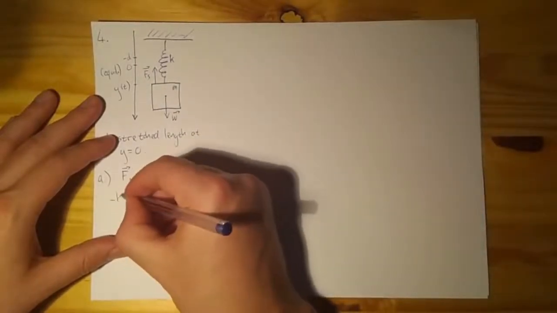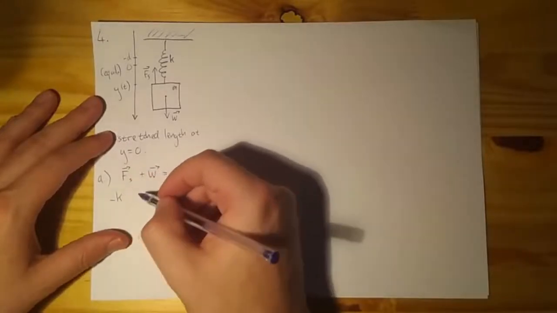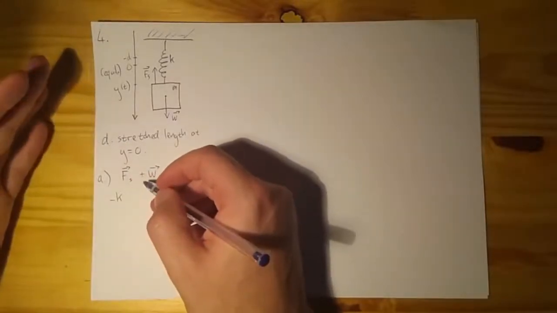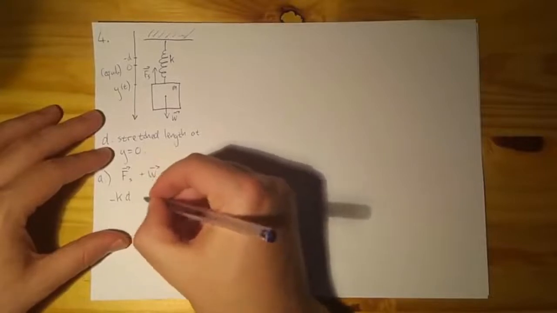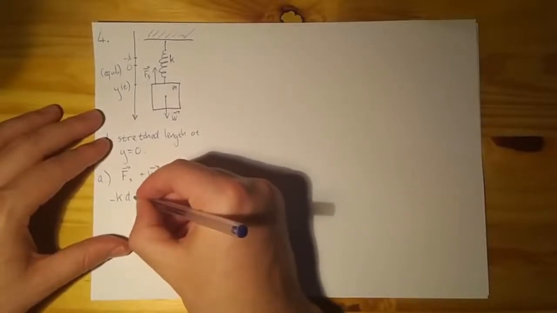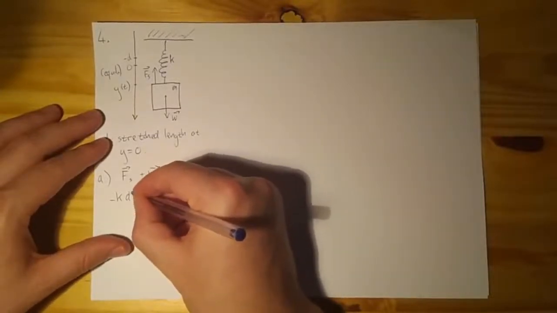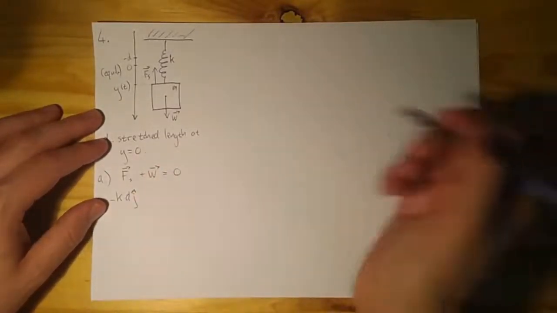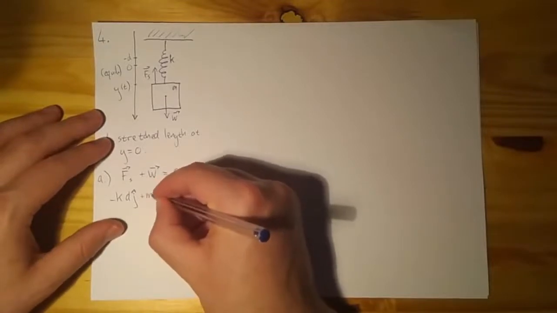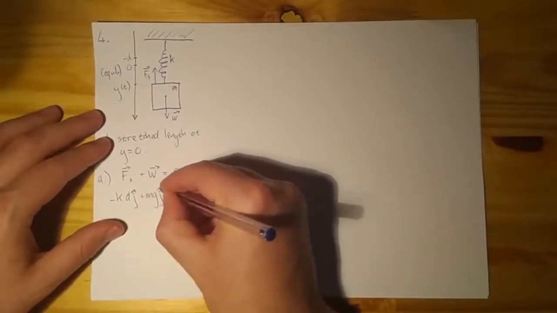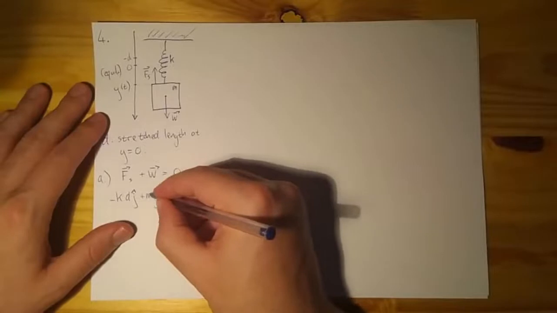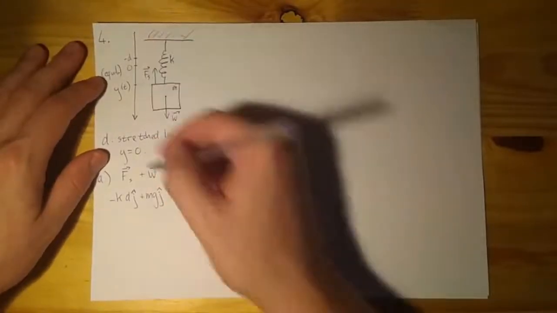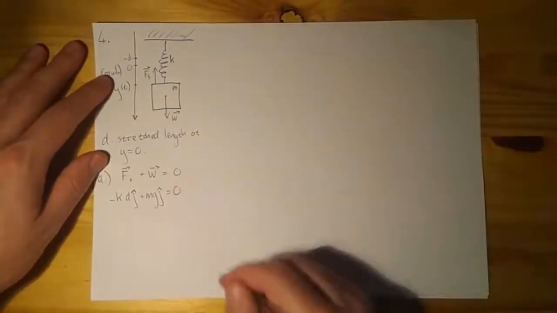It is minus k. How much is the spring stretched at 0? It is stretched by d. It's minus kd in the negative y direction, plus mg unit vector in the y direction, not minus mg like in the previous case, because now downward is positive. Good, 0.